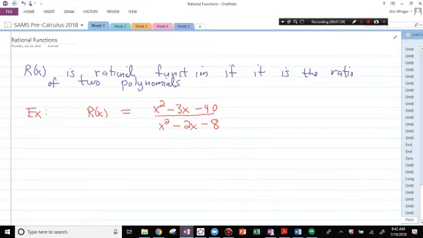You know the deal. Domain, range. What happens to these on the whole real line as you move all the way to the left, all the way to the right? Those are all the things we want to talk about. There's an inordinate amount of time in pre-calculus where we talk about graphing these. So we'll get into graphing that.